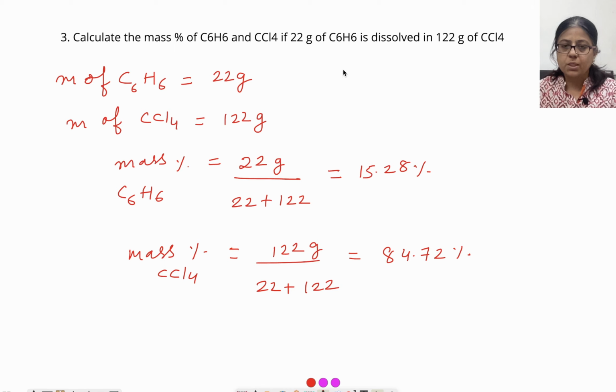Because there are only two components present in the solution, you can also subtract the other value from unity. Subtract the value of the mass percentage of benzene from unity to get the mass percentage of CCl4. So this is how you can calculate the mass percentage of both components.